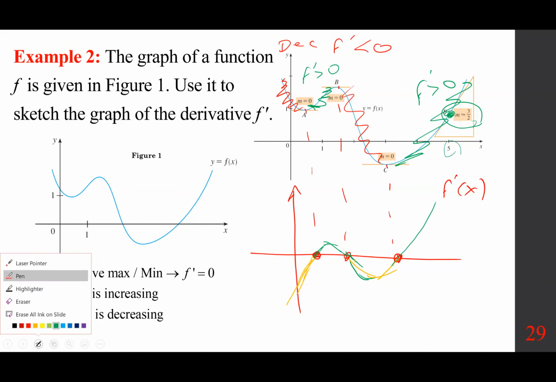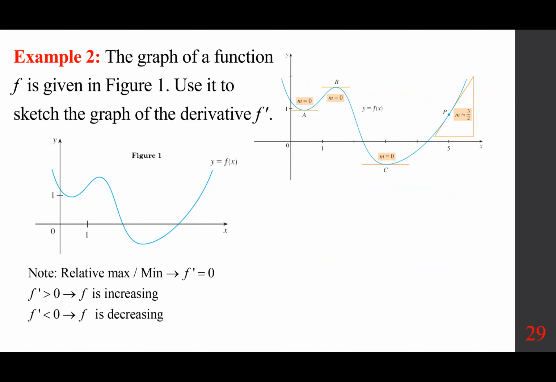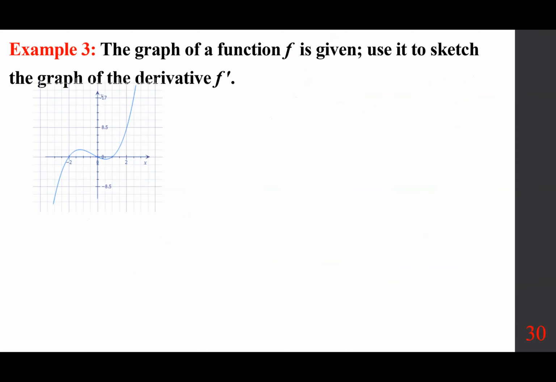Let me clean up the mess. And this is how it looks. So if we wanted to graph this one, then it is important to know that this and this correspond to 0. This portion increasing, f prime is positive, so it's above the x-axis.